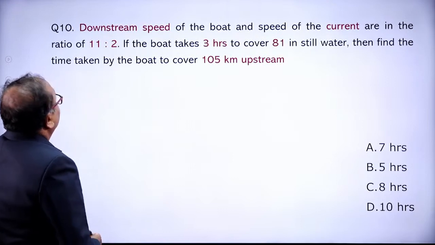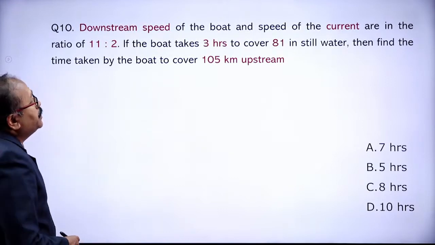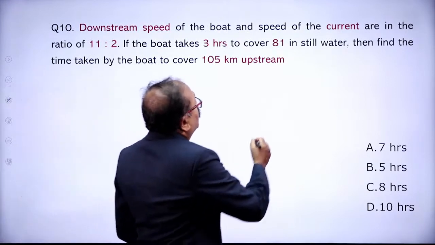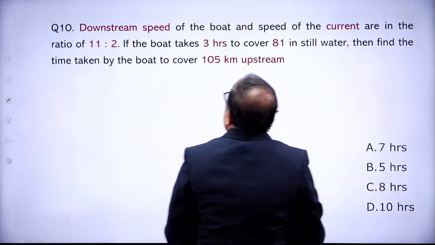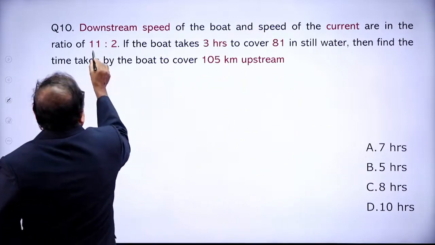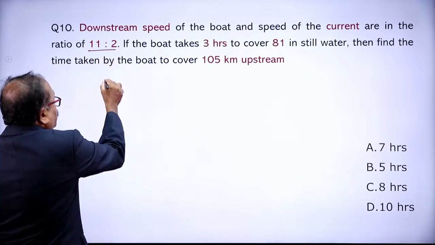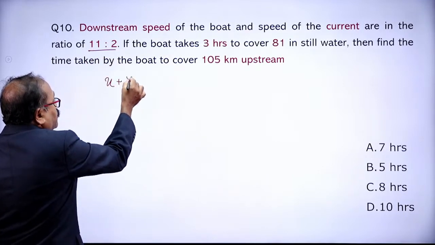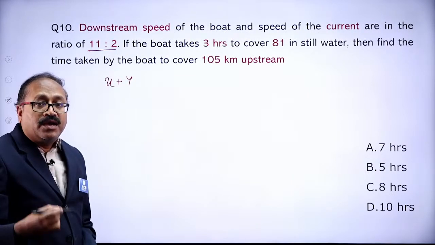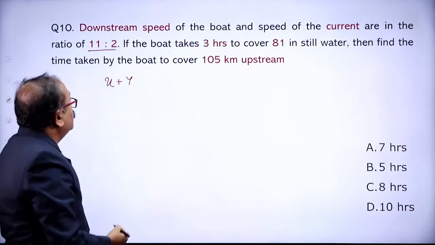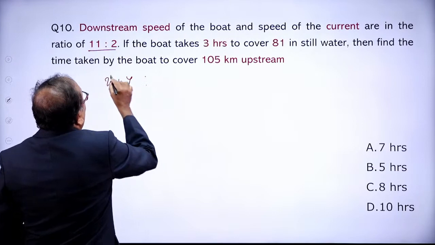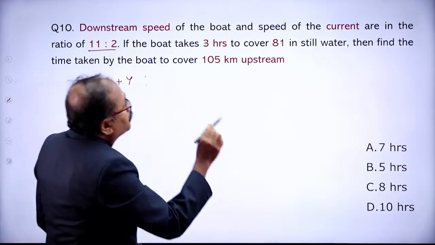Now what is the question here? Downstream speed of the boat and the speed of current are in the ratio of 11:2. Downstream speed is x plus y, where x is the speed of the boat and y is the speed of current.